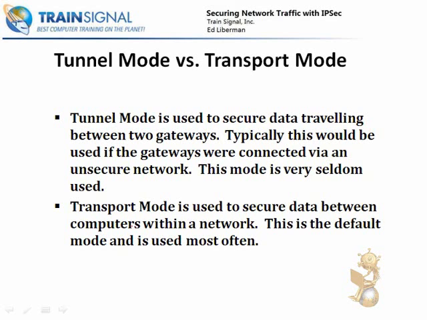And typically this would be if the two gateways were connected via an unsecure network, like the internet maybe. So maybe you have two different offices, and those two offices are connected via the internet. That's really the only common connection they have. And so you can use an IPSEC tunnel to connect those two offices by taking the endpoint router or gateway to that office to the gateway in the other office.